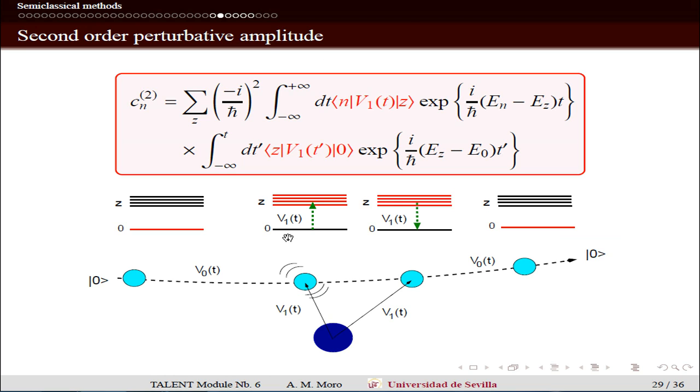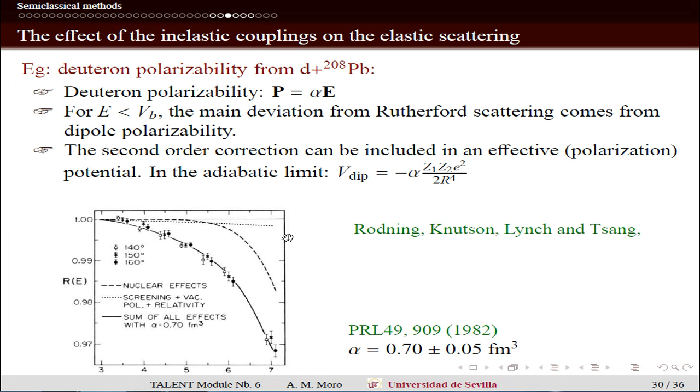It acts once here, it goes 1 over r squared for the dipole term, and then again. So in this adiabatic approximation one can simplify the rest of the terms appearing there, and one gets a very simple expression in which we have this polarizability parameter, this structure parameter that appears here.